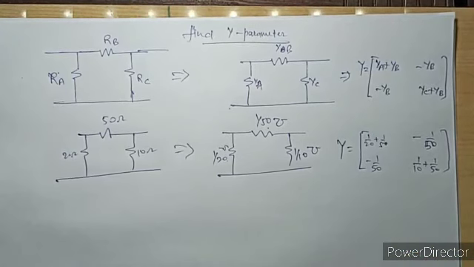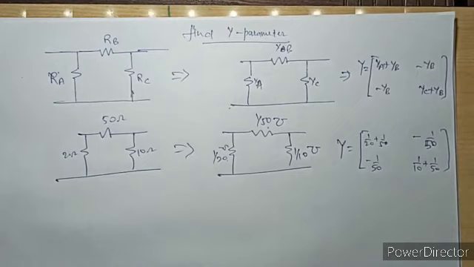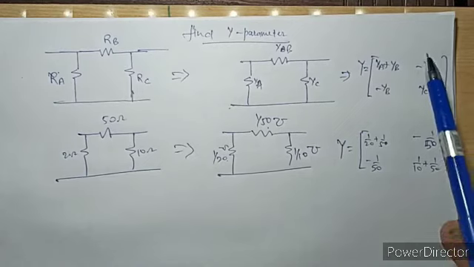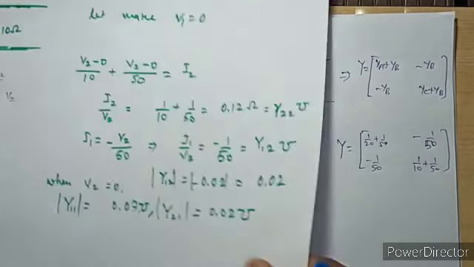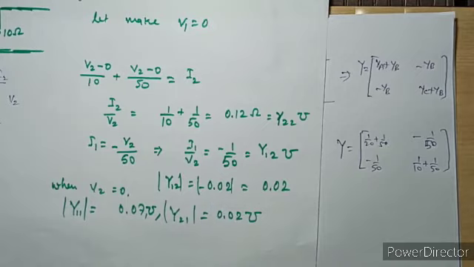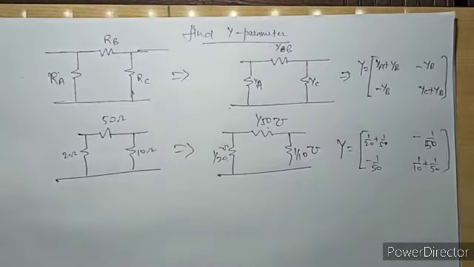In the question, if it is asked to find the magnitude of that parameter, then we will take the mod, as I have done in the previous example. And if it is not asked to find the magnitude, simply asked to find the parameter, then we will consider the negative value, right?